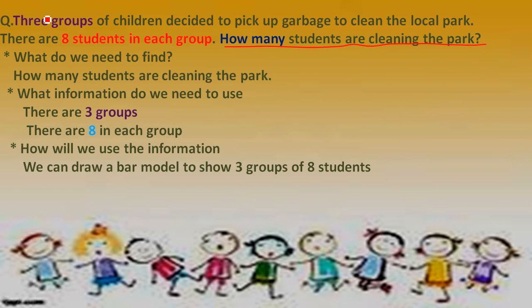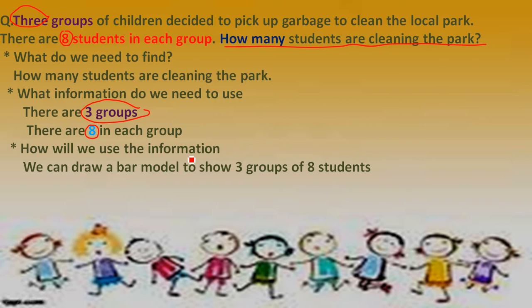And how many groups of students are there? 3. And there are 8 students. So what information do we need to use? That there are 3 groups and there are 8 in each group.